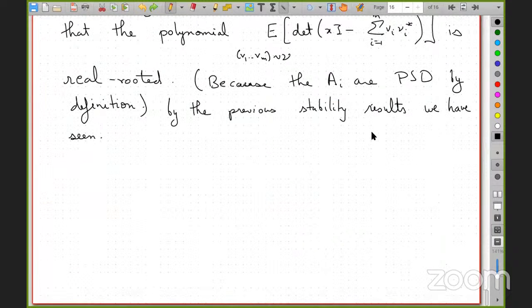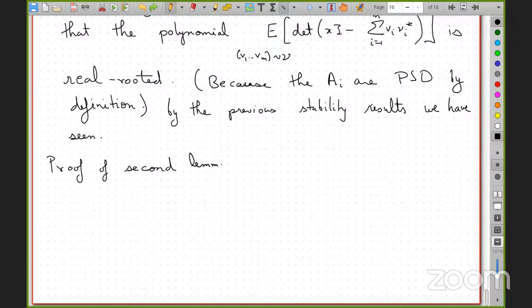The proof of the second lemma is actually the easier one. If you have read the Borcea-Brändén work, you probably already have a proof, because that proof just depends upon the fact that the polynomial x plus y is real stable. In fact, given Borcea and Brändén's theory, the stability of the polynomial x plus y implies that this operator 1 minus d/dz_i is stability preserving. It's that powerful.